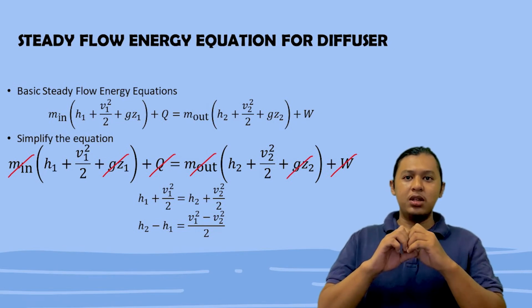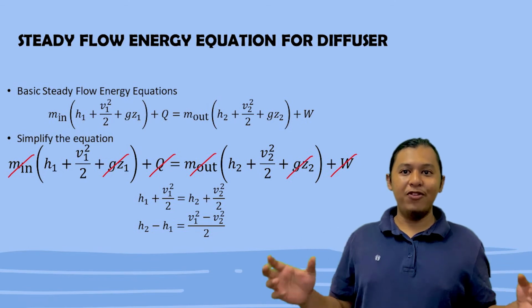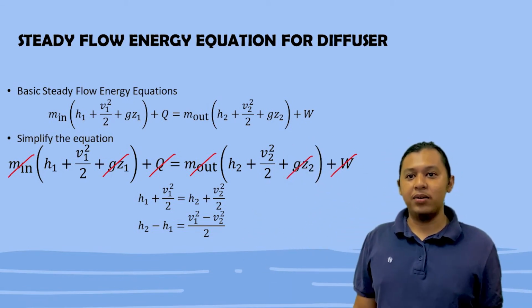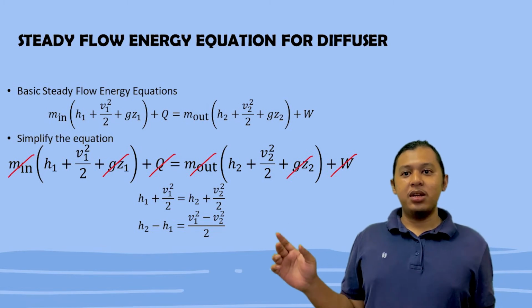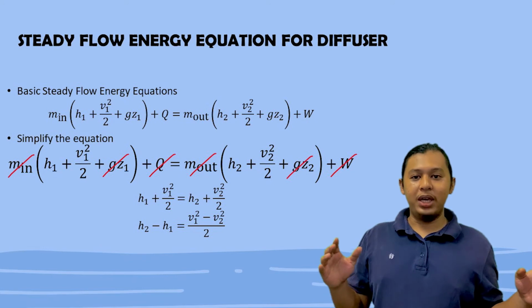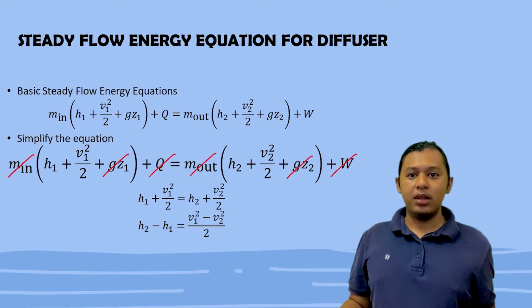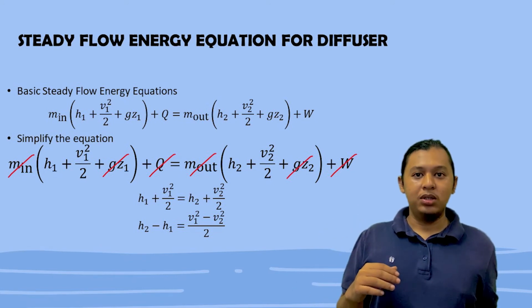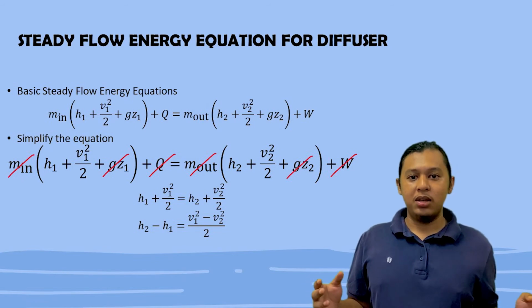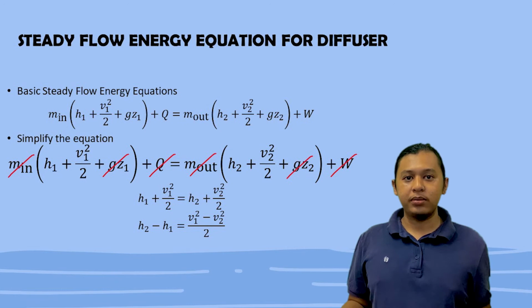From this equation we simplify based on the details I have told just now. Since the mass at inlet and mass at outlet are the same, we can dismiss them. Q and work are 0, so there is no need for them in this equation, so we cancel them out.